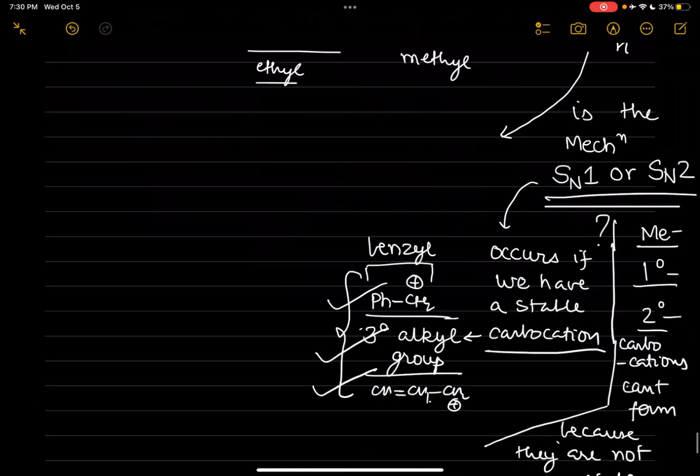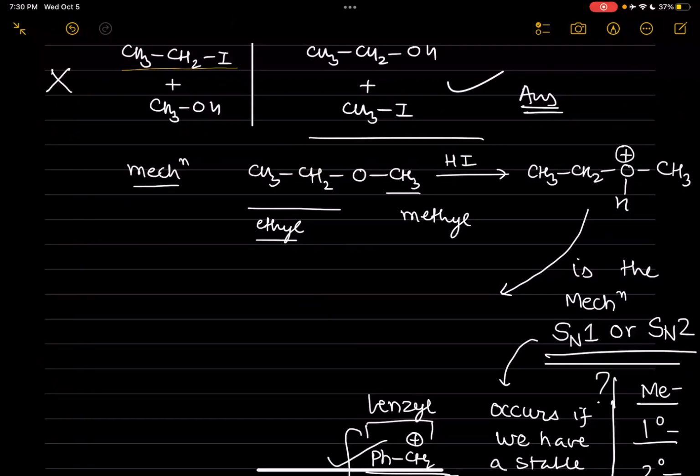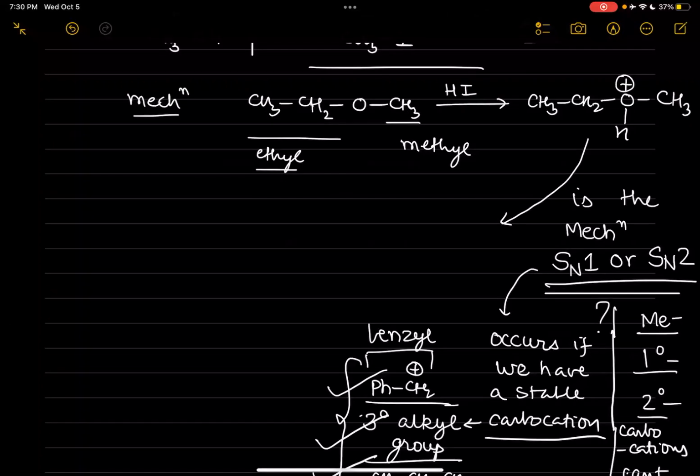Is it clear? Yes, Arshan, sir. Okay. So if you have a tertiary group, then only the carbocation can form. But if you have primary and secondary group, the carbocation cannot form, because the primary and secondary carbocations are not stable. So this will help me to decide the mechanism.